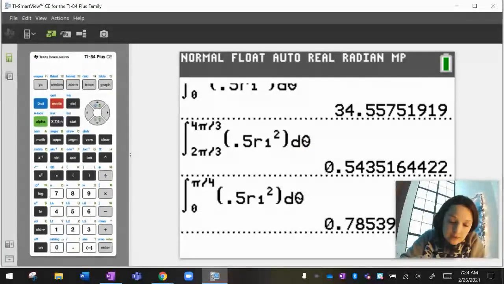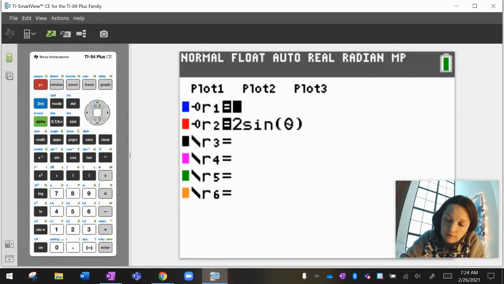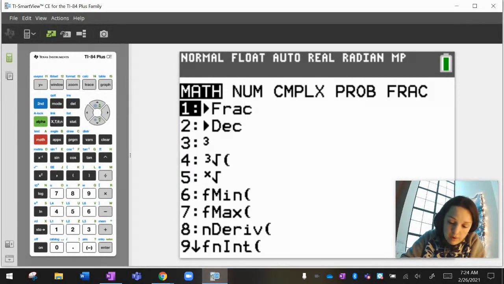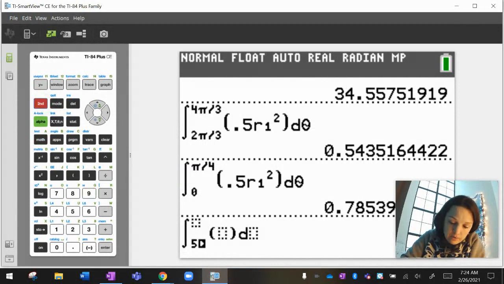So let's see, which of these did I have in Y1? So 1 and that. So math 9, 5 pi over 6. Nope, that doesn't go there. Still didn't do it right. Oh, Mrs. Vibber, you're making this video take forever because you're typing all this stuff in.